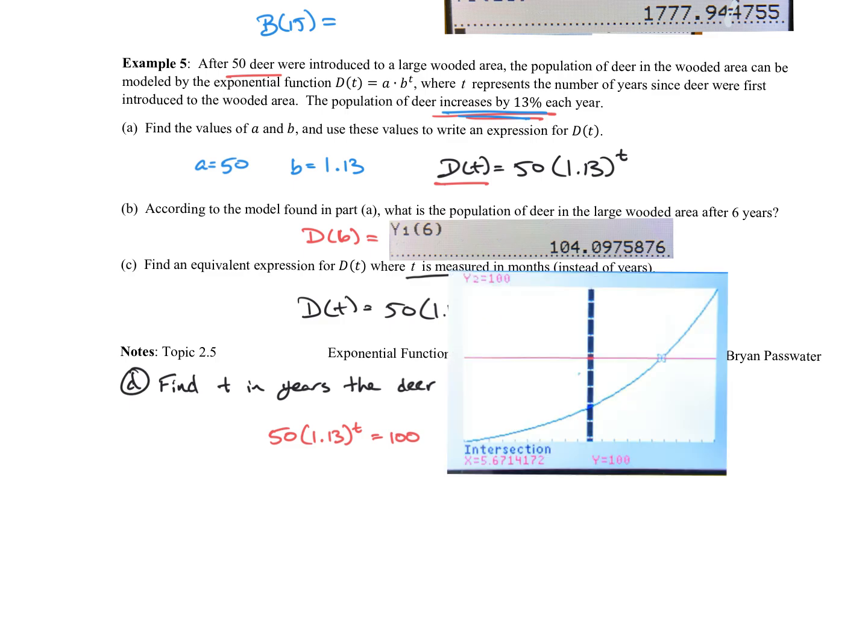We graphed our original function and we graphed 100, and we solve for the intersection by using second calculate intersect, and it snaps to where our time is equal to 5.6714 years. So it happened at 5.6714 years that the population was 100 deer.